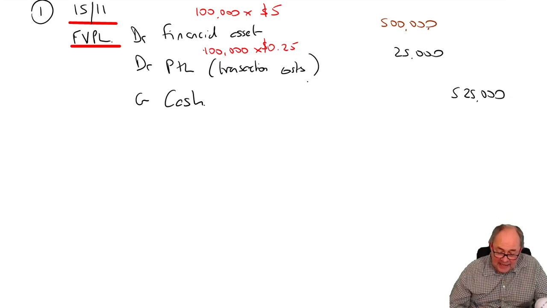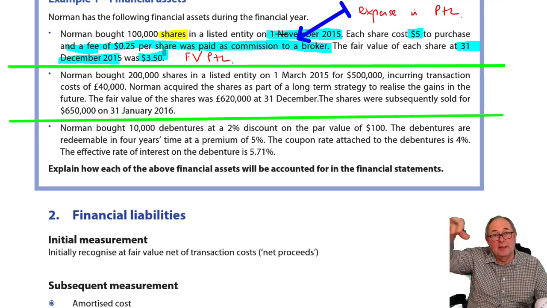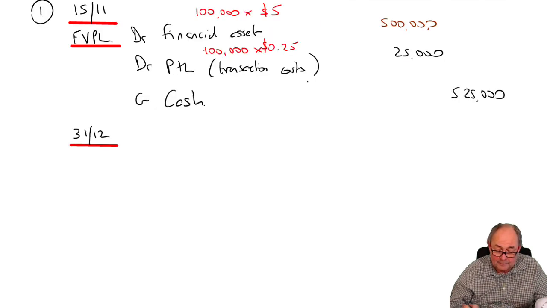At the year end, at the 31st of December, we're going to have to revalue them. So it looks to me, let's have a look for a moment. The share price was $5. Oh dear, oh dear, oh dear. It's gone down to $3.50. Life's a sausage. The financial asset is going down. Profit is going down as well. So I'm going to have a debit to profit and loss.